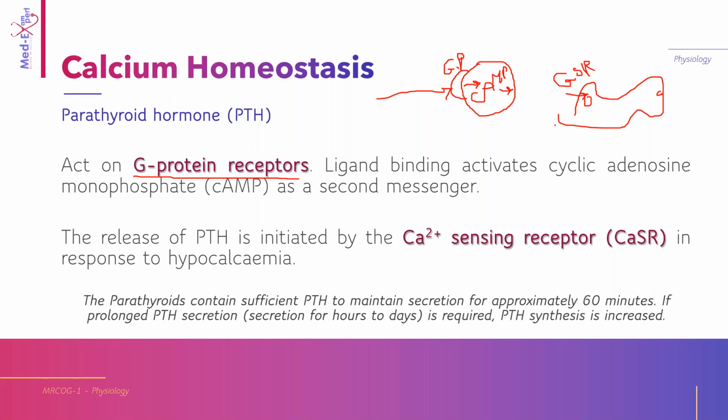If there is some sort of hypocalcemia, they will be activated to stimulate the parathyroid gland to synthesize and release parathyroid hormone. So, parathyroid hormone is a peptide molecule containing 84 amino acids secreted from the cells.